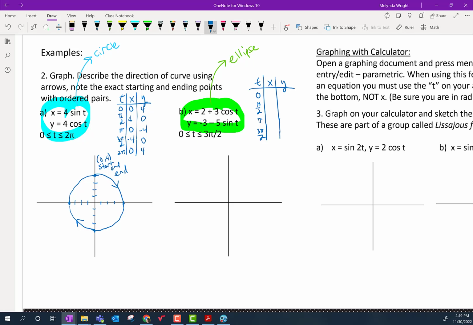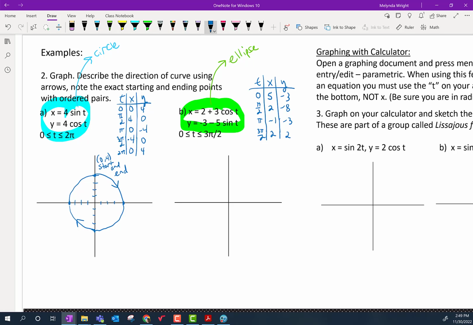The x's that go with those angle measures: x starts out at 5, then goes to 2, then to -1, then to 2. The y's: y starts out at -3, then goes to -8, then to -3, and then to 2. I got those columns by simply plugging those angle measures into the x and then into the y, just like I did all the times before, okay?